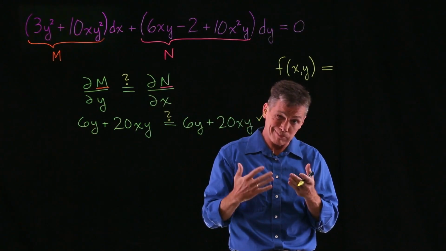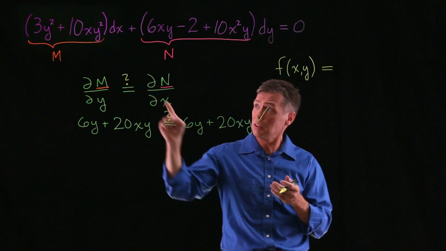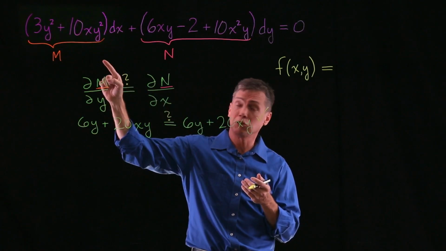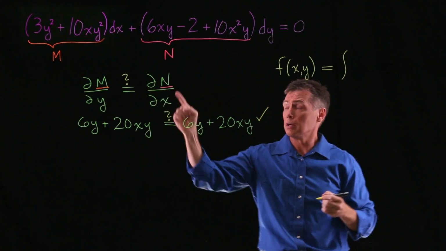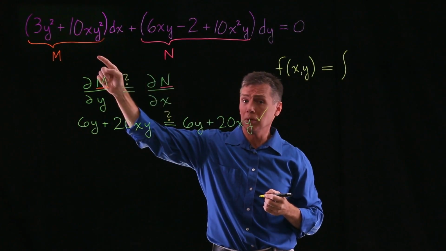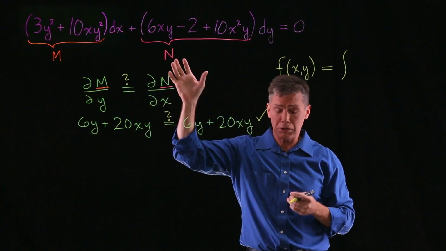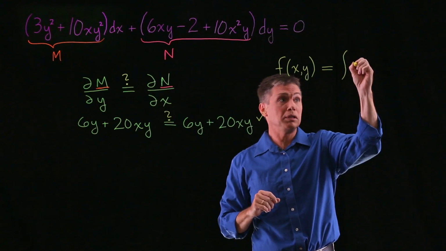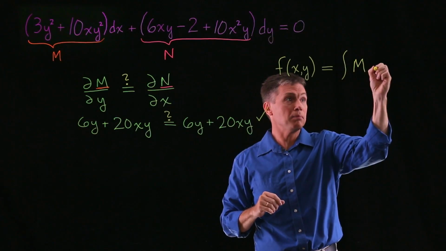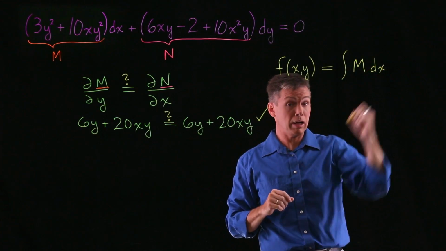It'll be about the same amount of work in either case, but I think I'm going to go to the M expression and integrate that, really only because that has 2 terms and my capital N has 3 terms. Maybe it'll be easier to integrate. So I'm going to integrate the capital M with respect to x.